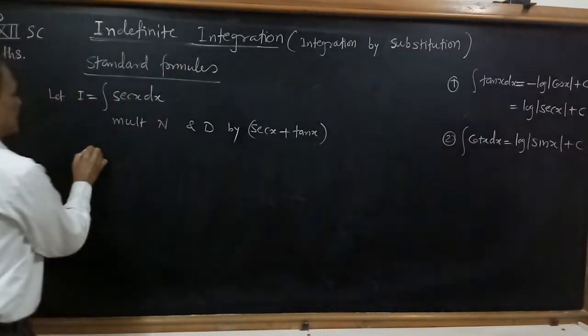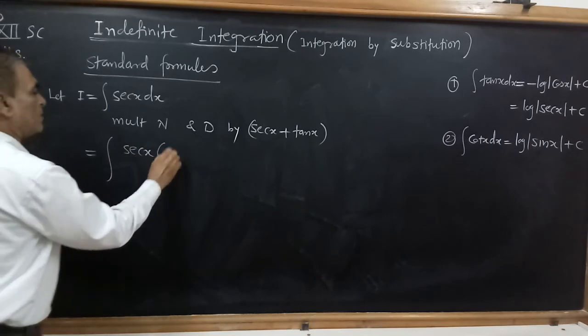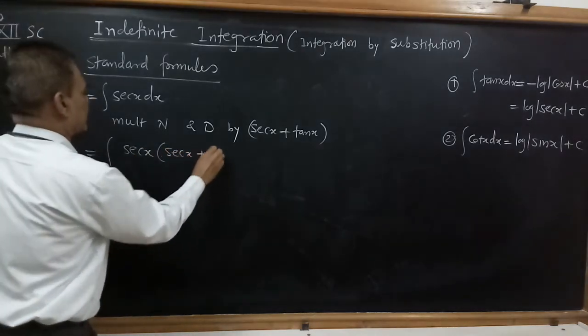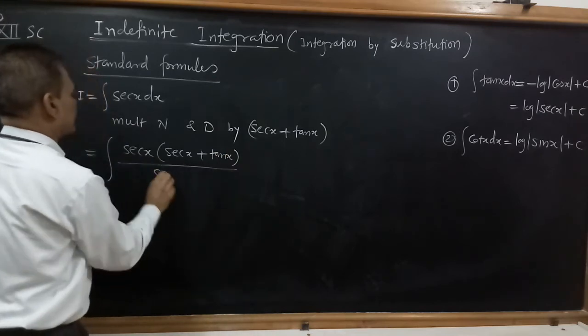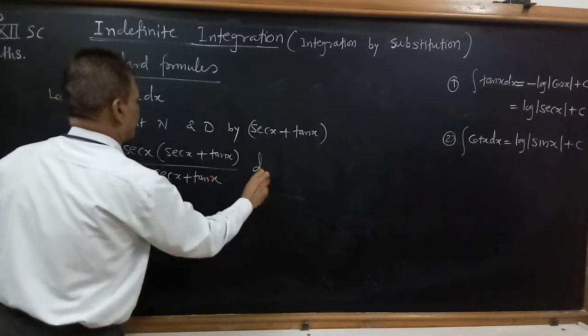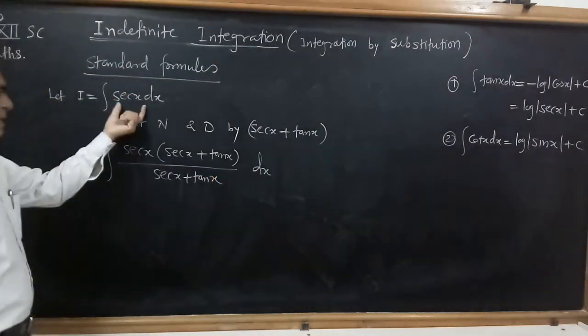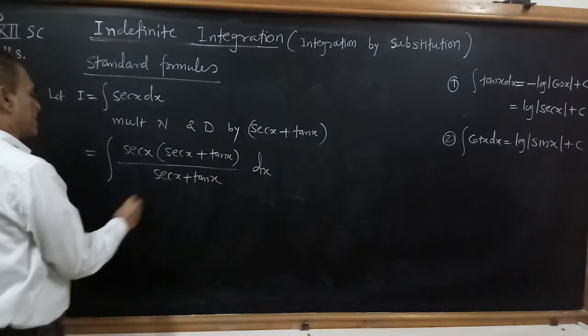You will get I equal to integration of sec x into bracket sec x plus tan x divided by sec x plus tan x into dx, because here denominator is 1. Multiply numerator and denominator by sec x plus tan x.